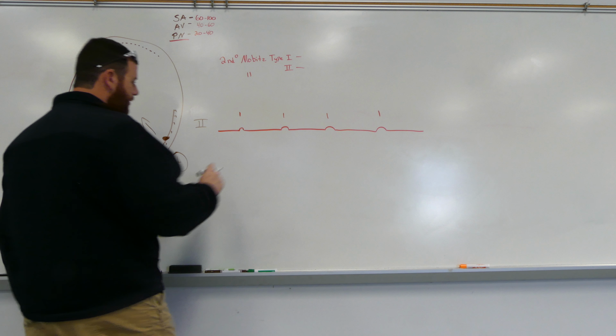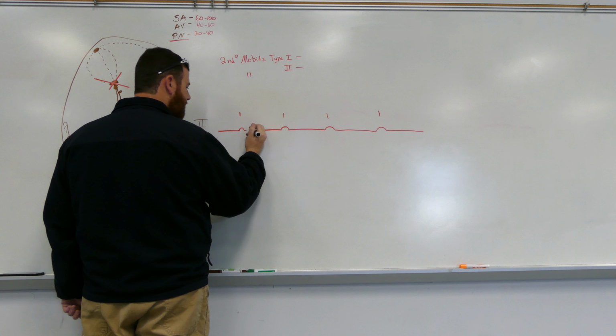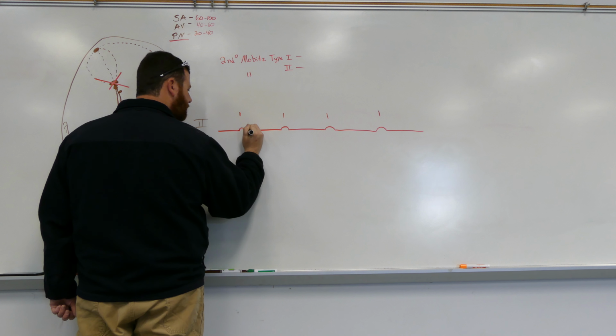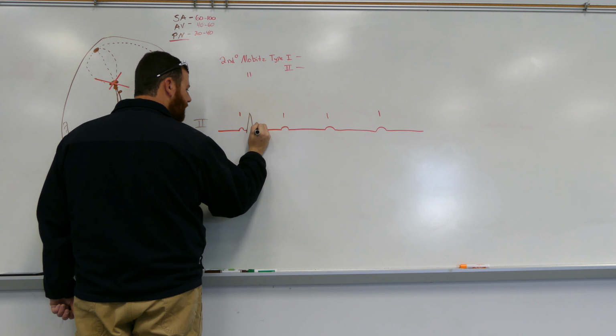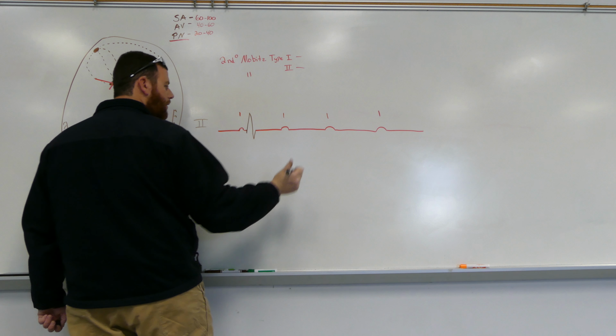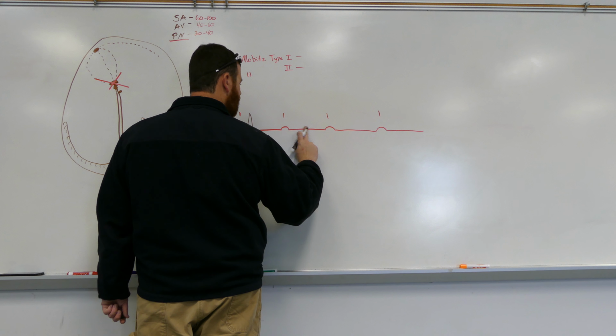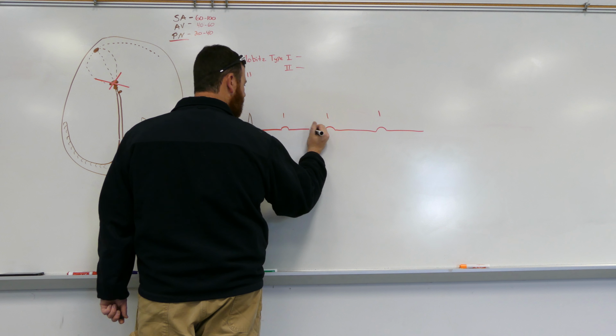What you will find, though, is that these complexes should march out with each other. We'll just draw this one big and wide. They should march out with each other, but they're going to be slow.